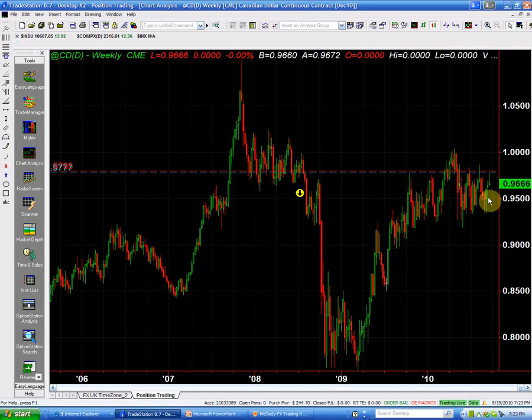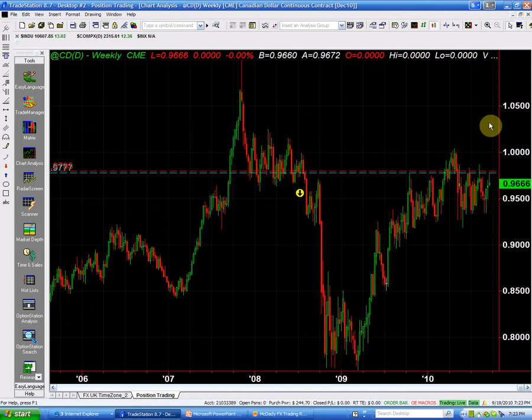It is moving sideways, so that push here could be a sell signal, but we cannot expect really a follow through to the downside. All we can expect is maybe a move down to here, and then it holds until it breaks on either side, or we can have a major reversal on the US dollar.